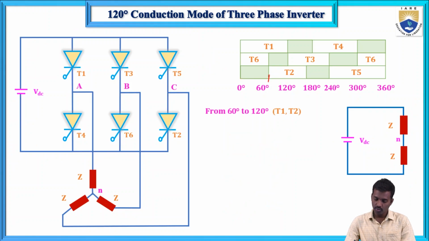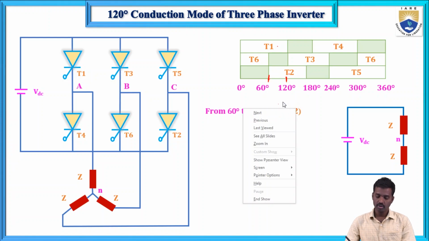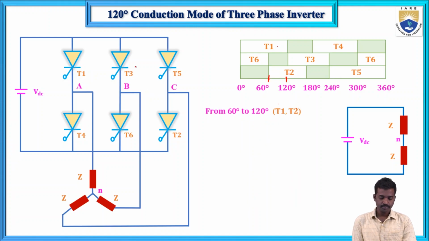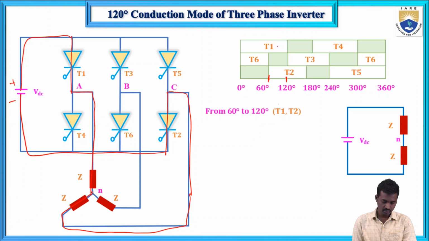For the 60 to 120 degrees duration, which thyristors will conduct? T1 and T2 thyristors will conduct. T1 is connected to the positive terminal of the battery and T2 is connected to the negative terminal of the battery, and this is connected to the neutral.